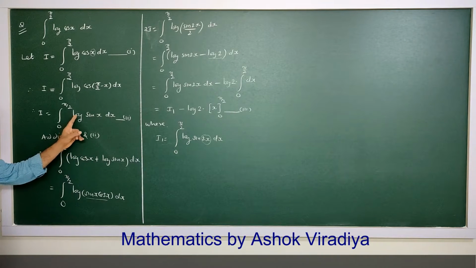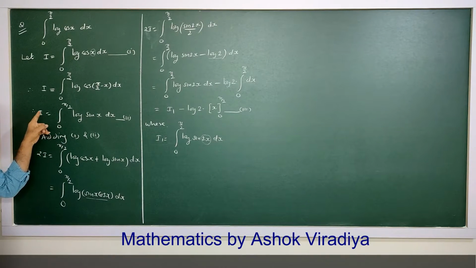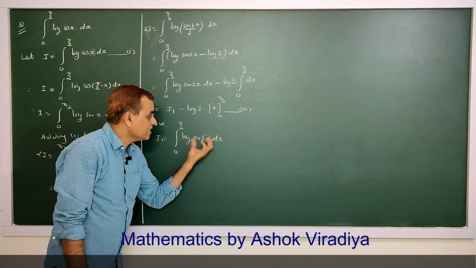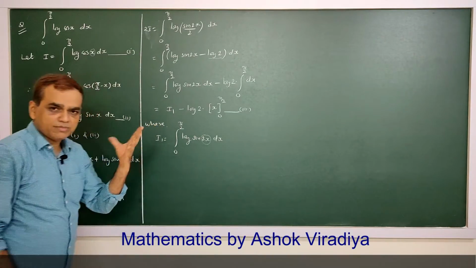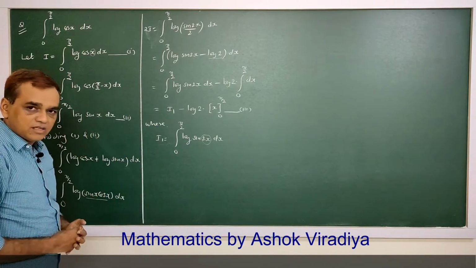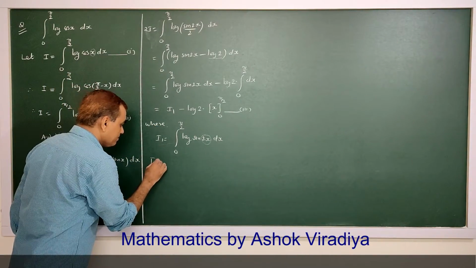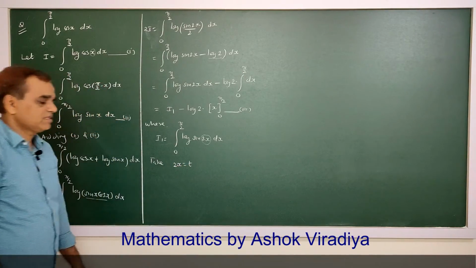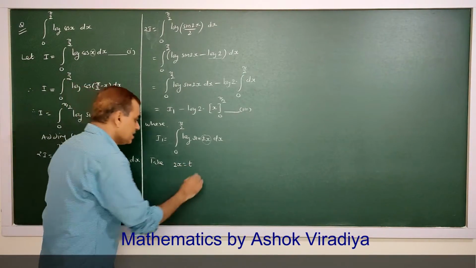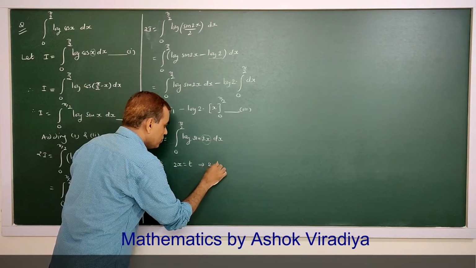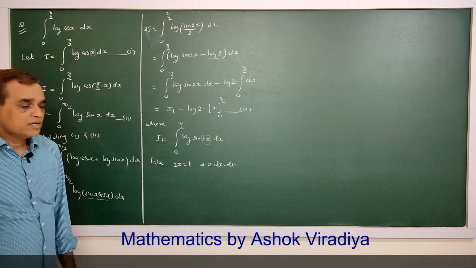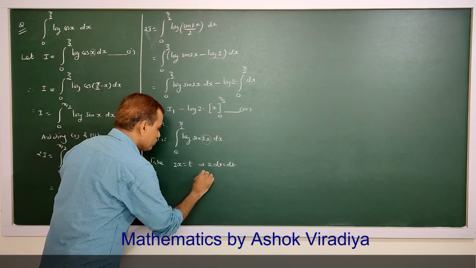Here we have log sin x, it is I. So if we take t, then we can have log sin t, similar to this. So we substitute 2x equal to t. 2x is t, so 2 dx is dt. So dx is dt by 2.